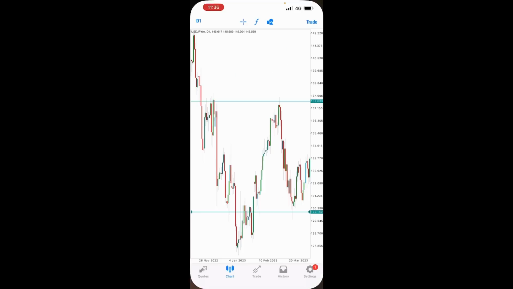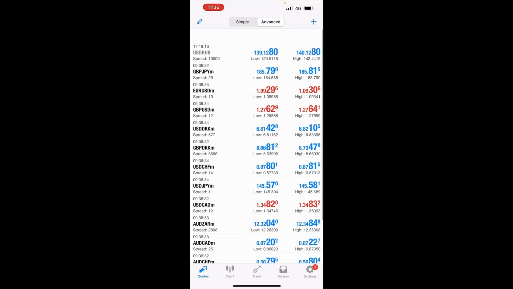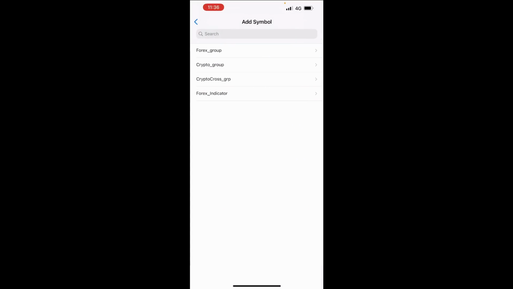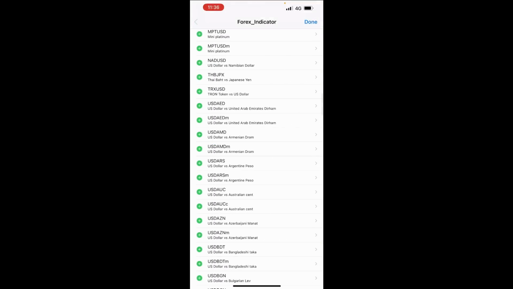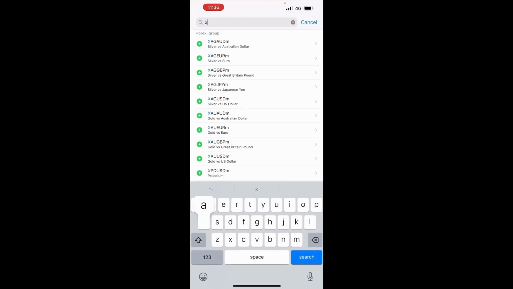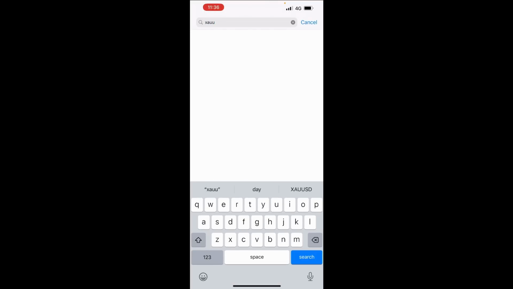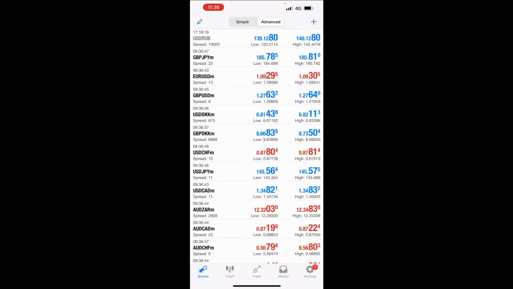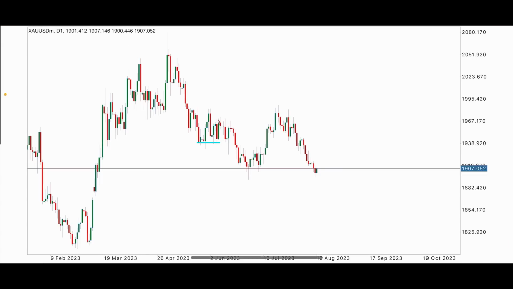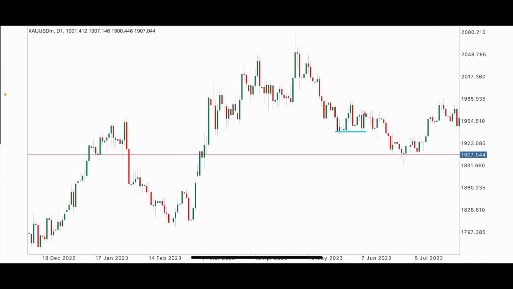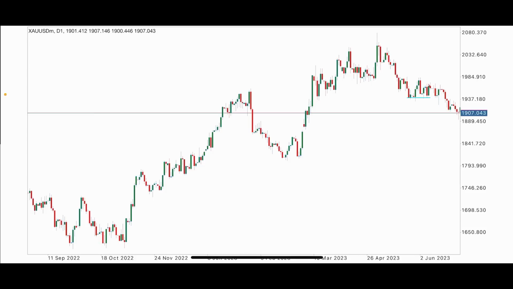That's my pair correlation, but let me be sure and not just assume. It's very important to be sure what you're talking about and not assume. So let's go check XAUUSD. Yes, XAUUSD is indeed on a selling streak.